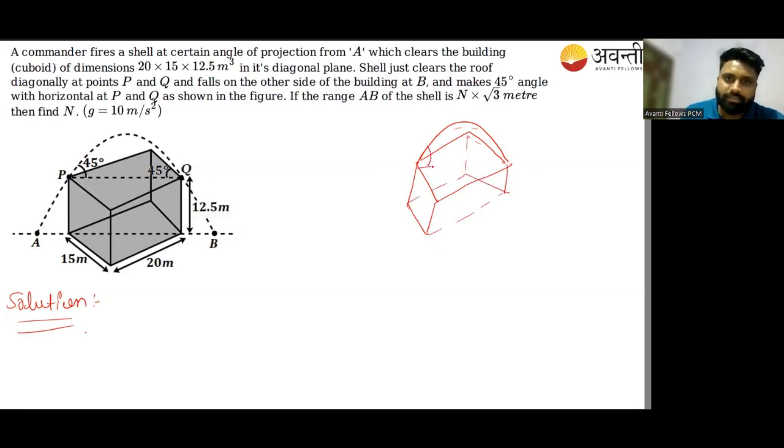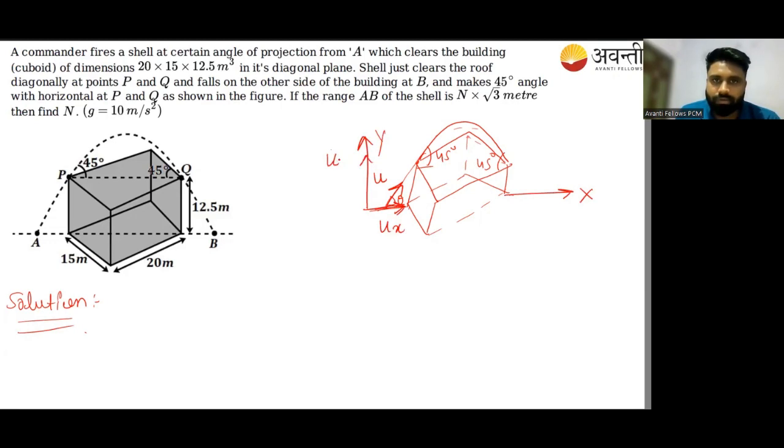This angle is 45, this angle is also 45. The motion is starting from here. This is point A. Let's say the initial velocity will be u, at angle theta. I have considered this as the x-axis and this as the y-axis, so this component will be ux and this component will be uy initially.